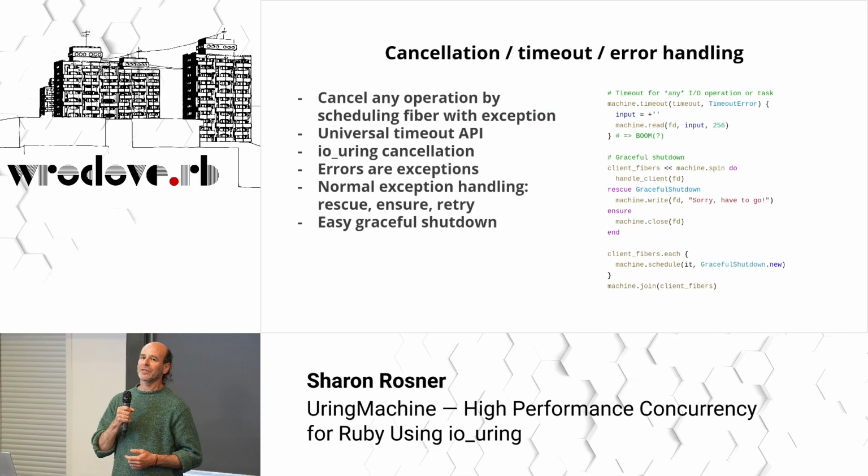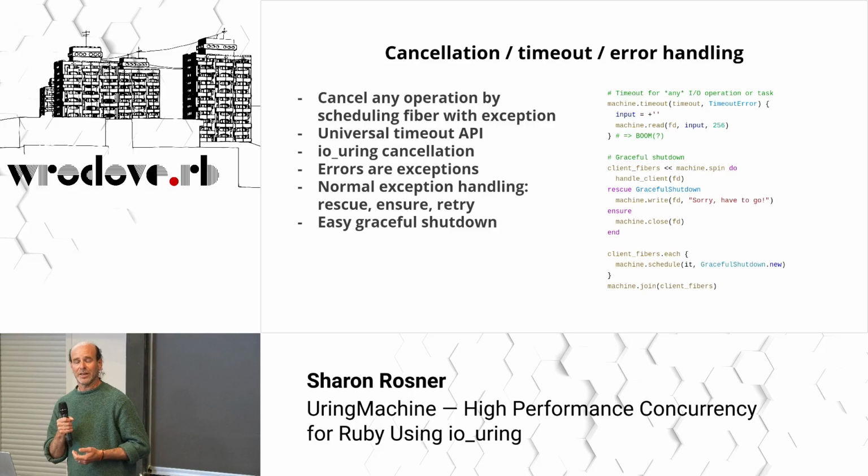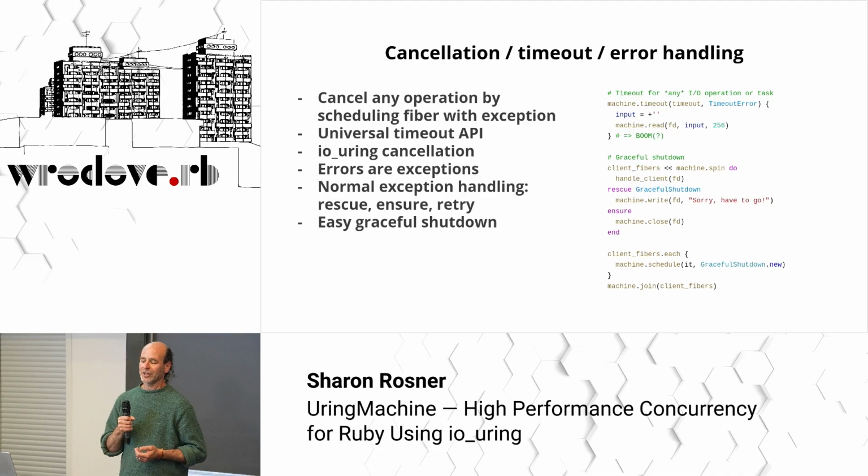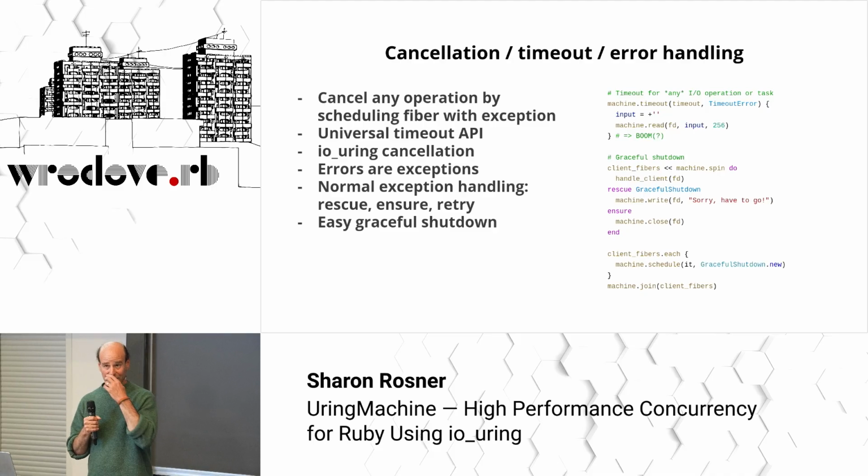UringMachine also supports canceling IO operations. IO-Uring has a mechanism for canceling ongoing IO operations. So in UringMachine, whenever you want to cancel an operation, you can manually schedule the fiber that is currently blocked on an IO operation with an exception.